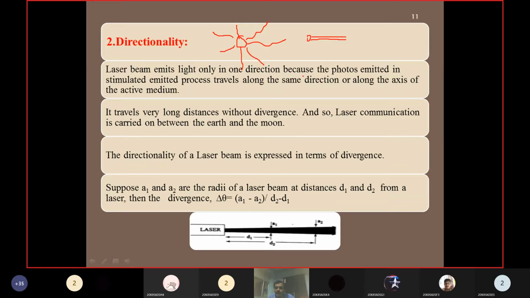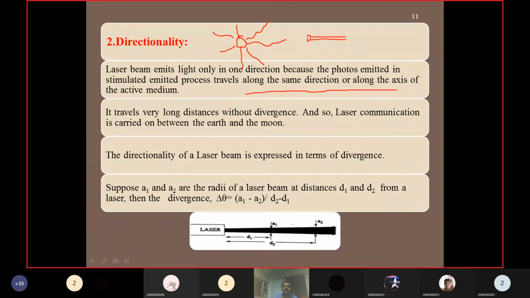The light is emitted only in one direction because of the photons emitted in the stimulated emission process. Because of stimulated emission, all photons move in a single direction. Whenever an electron comes from the excited state to the ground state, a photon is emitted, and those emitted photons move in a single direction, along the axis of the active medium.